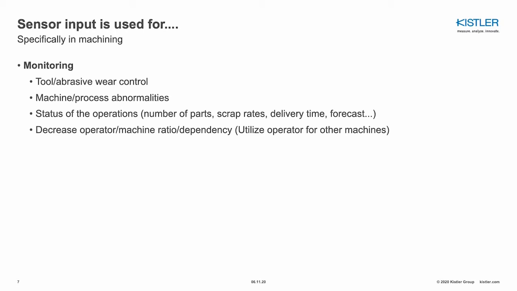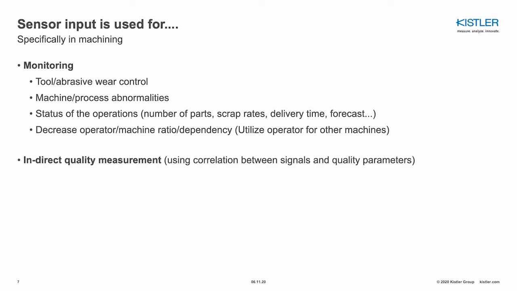You can also detect and react to machine and process abnormalities. You can also control and monitor the status of the operations, number of parts, scrap rates, delivery time, forecasting, and so on. And of course, by monitoring, you can decrease the operator-machine ratio and dependency. That will enable you to utilize the operator for other machines, so you will decrease the cost.